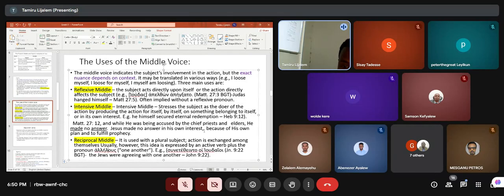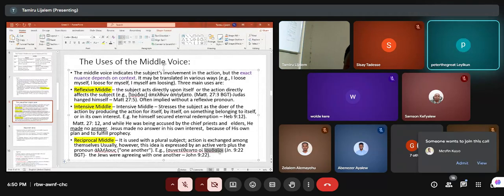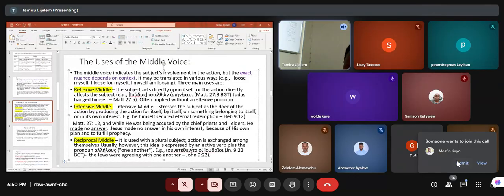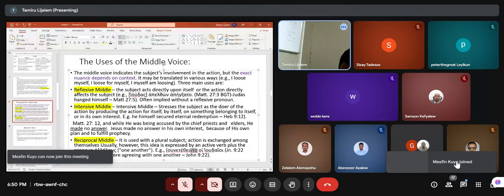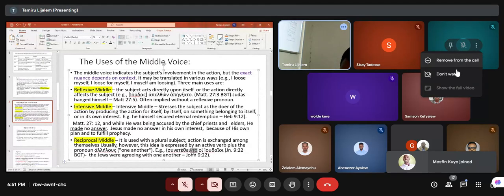Sunetithento hoi Ioudaioi. For example, Ioudaioi is the plural one, Jewish. Ento is the third person. This one is a little bit different. It's not entai, it is ento.